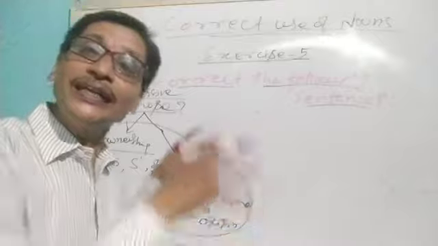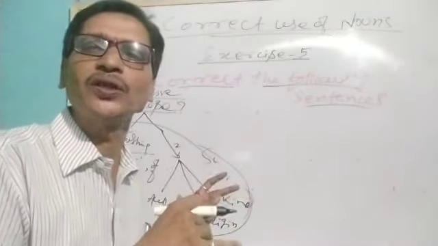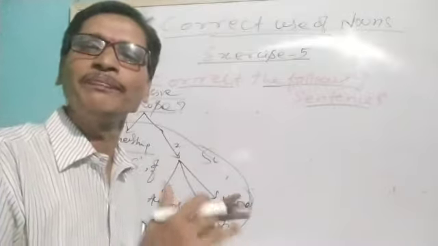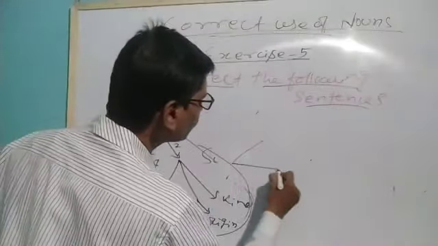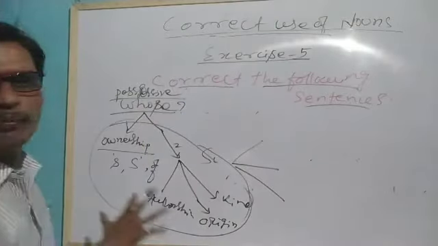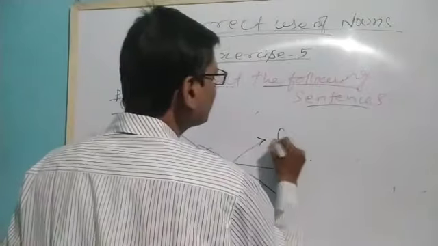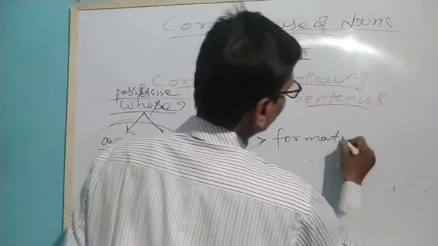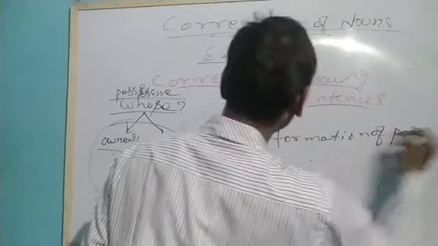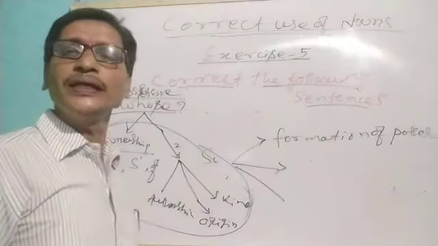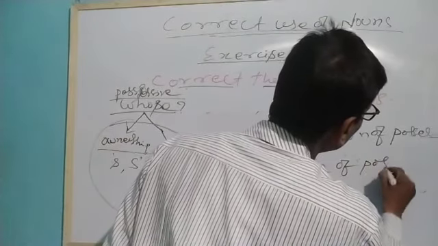I am just recalling your past knowledge. Try to recall them. If you have been through them, you will surely understand. So what have we discussed while talking about the possessive case? Formation of possessive case. Formation of possessives. Then we discussed use of possessives.